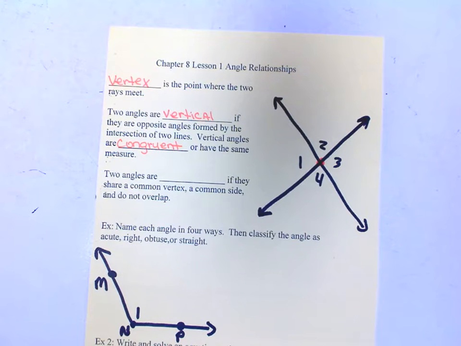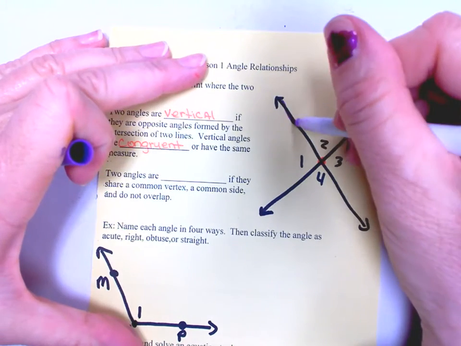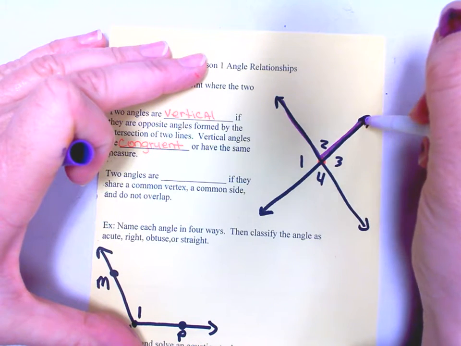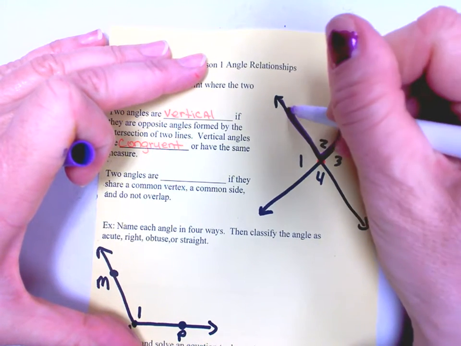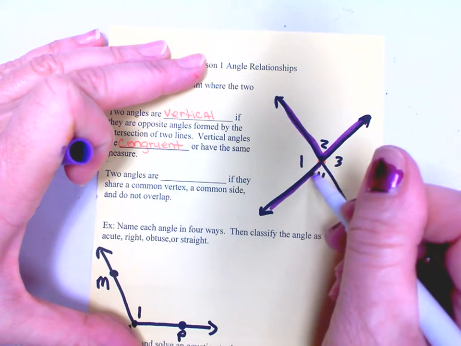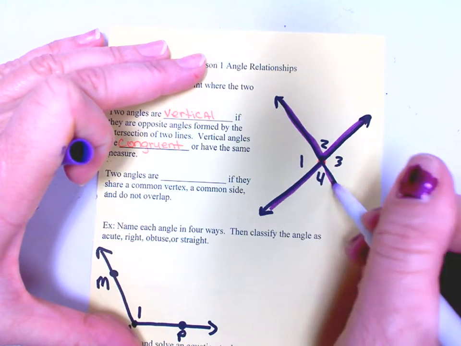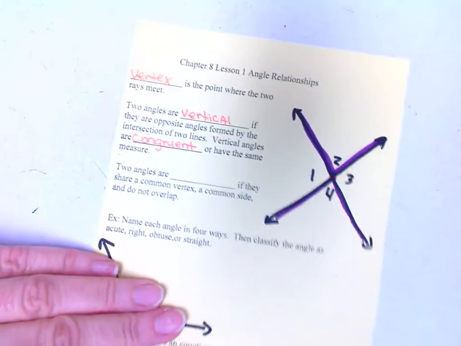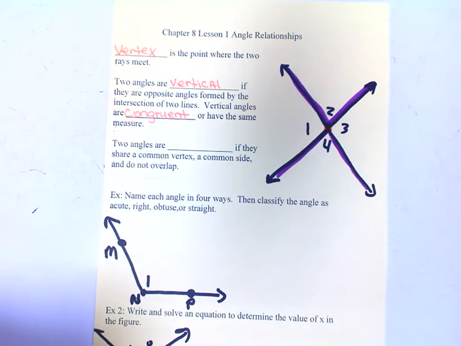Okay, so we're going to stop there and talk about vertical angles. Vertical angles would have the same measure because they are congruent, and they're always opposite of each other. Okay, so those are vertical angles.